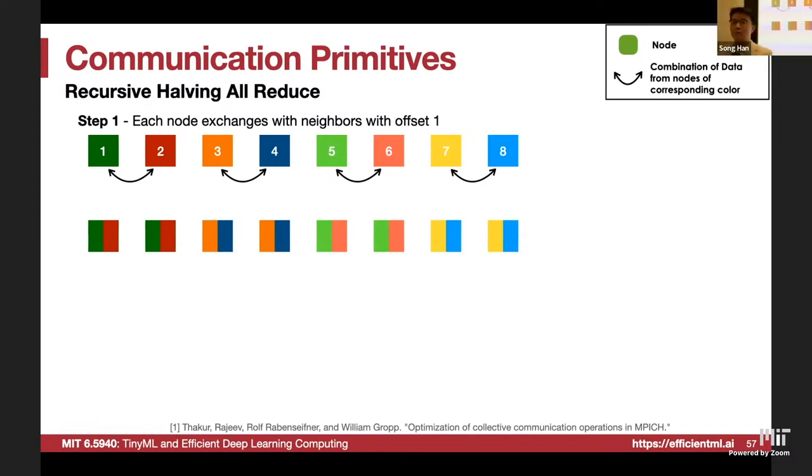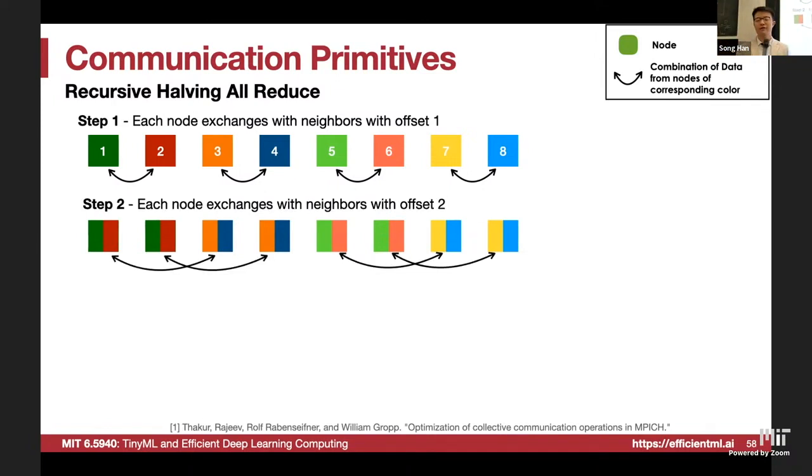And next time, what do we do here? Offset of 2. Each node exchanges with neighbors with offset 2. So 1 talks to 3, 2 talks to 4. So that's among these 4 nodes. 5 talks to 7, and 6 talks to 8. So that's about these 4 nodes.